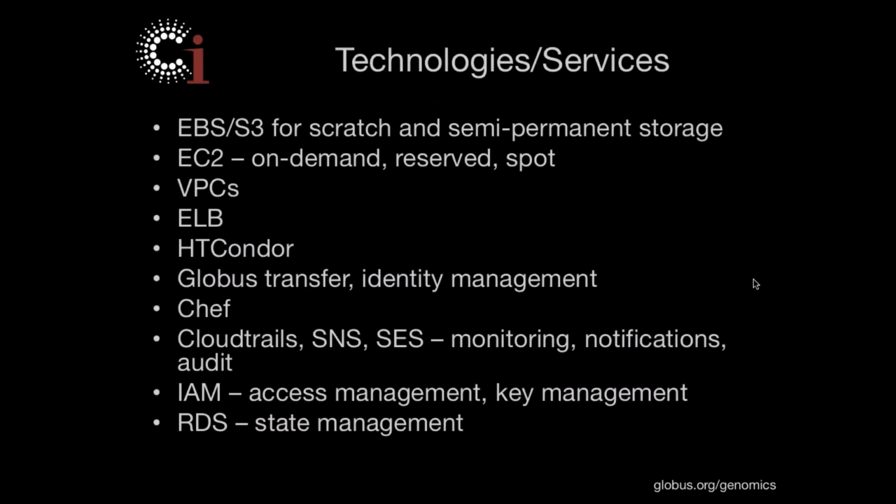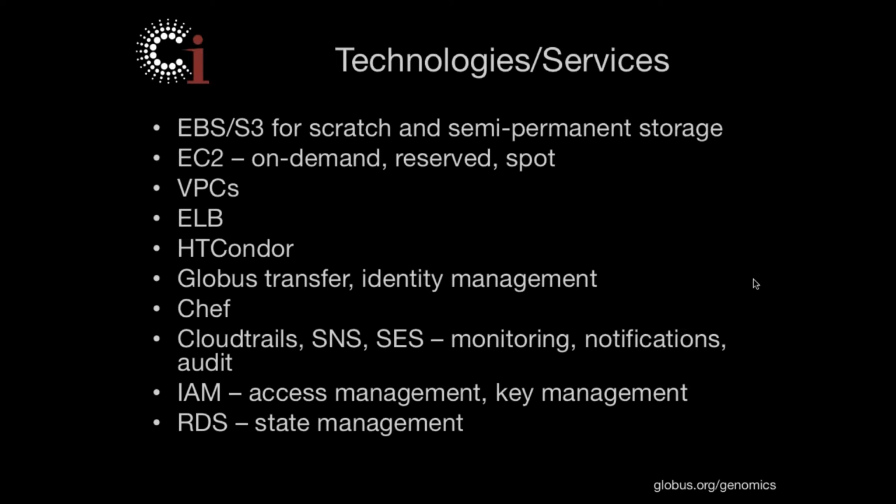Some of the high-level technologies and services that we used to build this capability are the file systems on Amazon for scratch and semi-permanent storage. So we use EBS and S3. We use a bunch of services for compute.